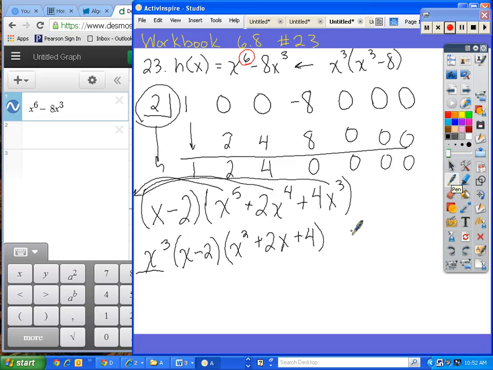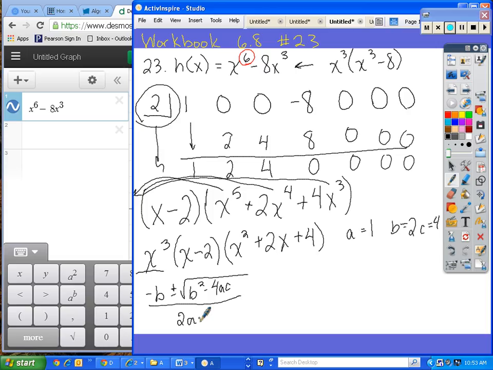So we're going to plug this into the quadratic formula. A here is 1, B is 2, and C is 4. The quadratic formula is the opposite of B, plus or minus the square root of B squared minus 4AC, all over 2A. Can't factor it, we tried.